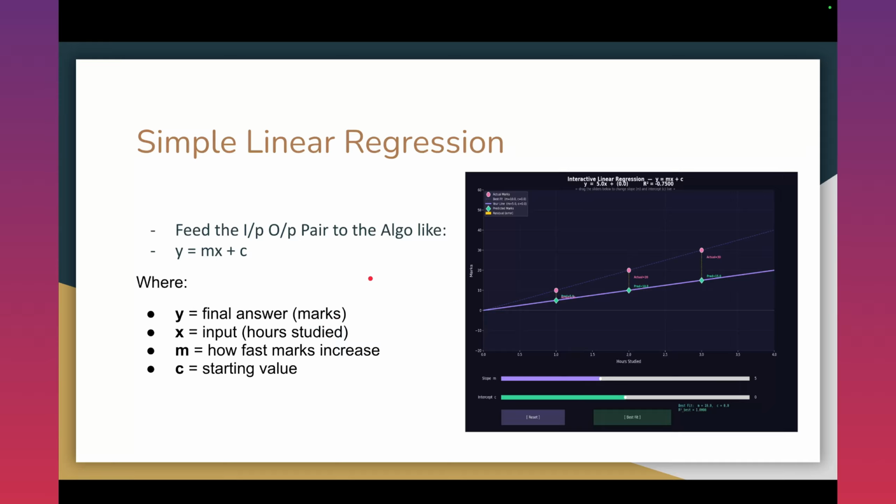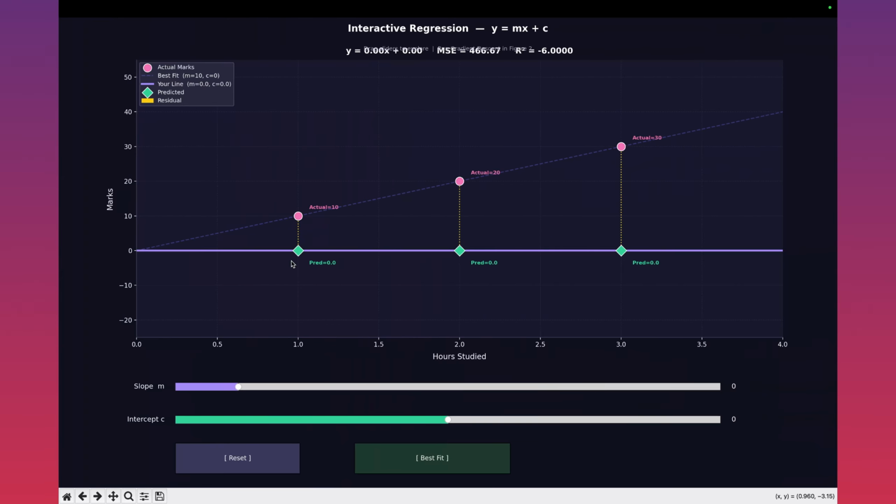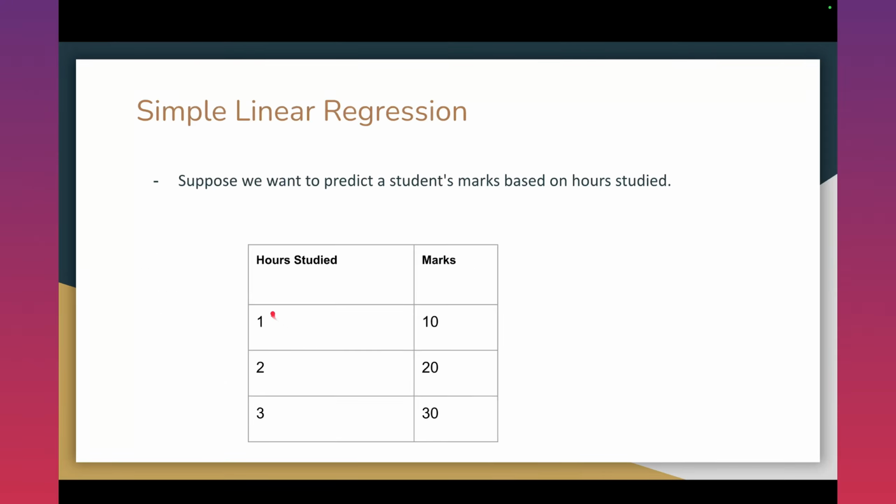Now let's try to visualize how we can calculate this m and c with the help of this particular algorithm, which is called simple linear regression. I have created this visualization where first of all I have taken all of my actual data. These pink dots you can see are my actual data points, and we have only 3 data points, 1, 2, 3, and the corresponding marks are 10, 20, 30.